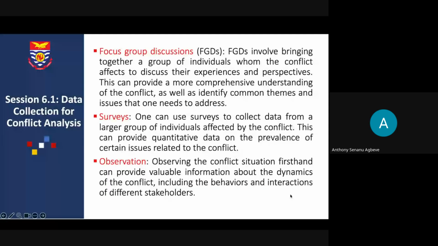So there are various approaches you may want to use. And then we have what we call the observation. With observation, you go into the community, you go and sit somewhere and you'll be observing. You want to get first-hand information by yourself.